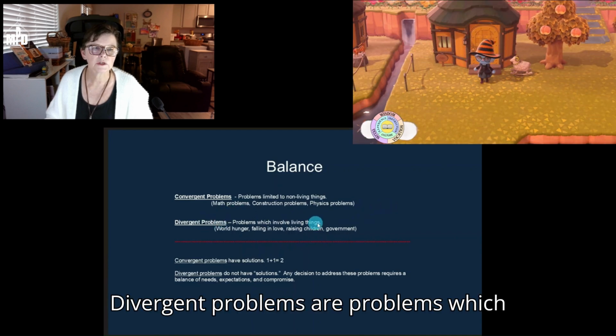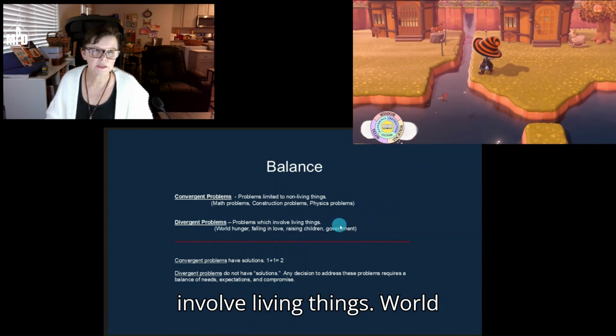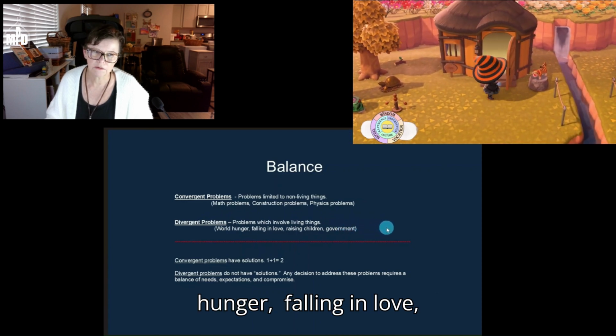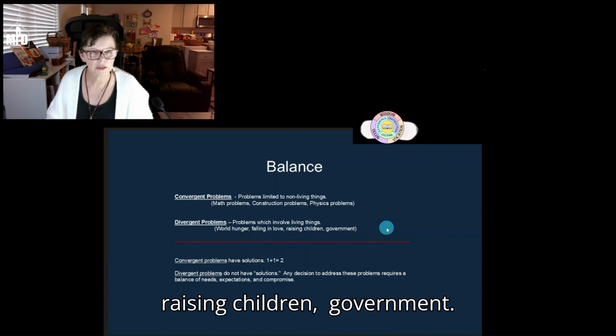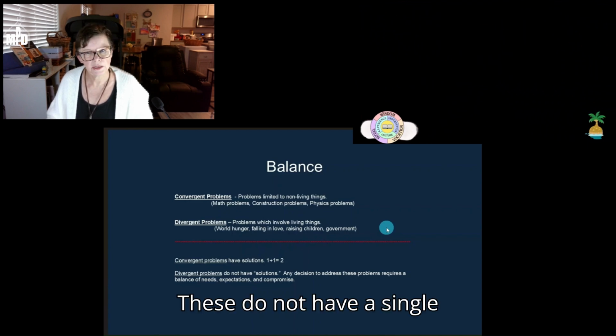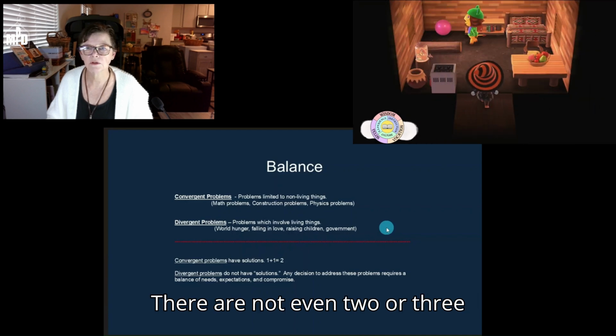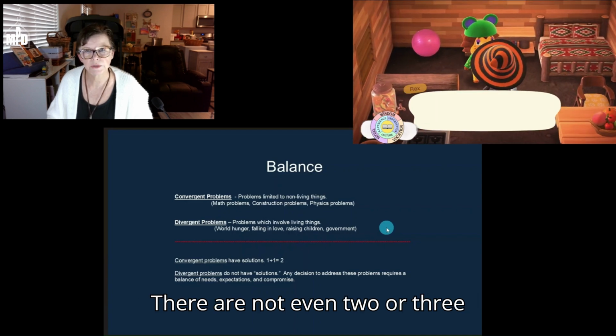Divergent problems are problems which involve living things: world hunger, falling in love, raising children, government. These do not have a single solution. There is no one size fits all. There are not even two or three solutions.